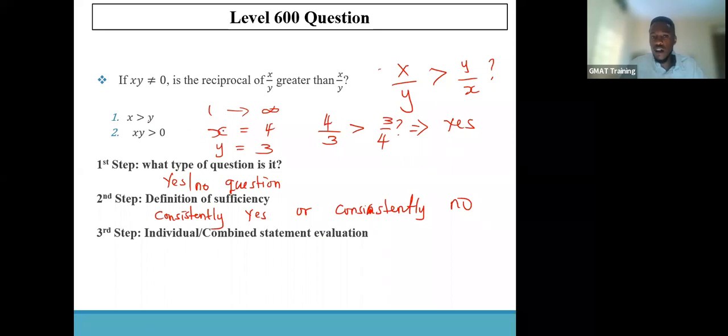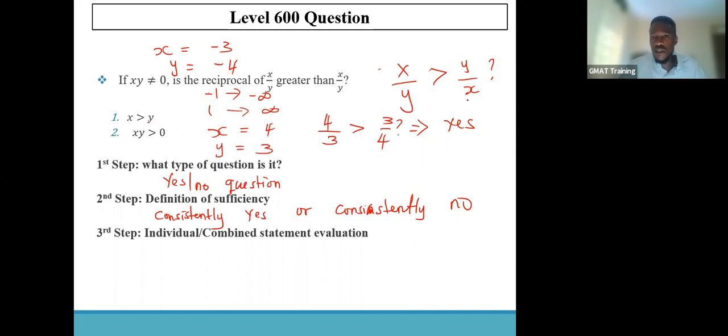Say we take both values to be from -1 all the way to -infinity. Say we now take x to be -3 and y to be -4. In this case, you can still see that x is actually greater than y, -3 is greater than -4.